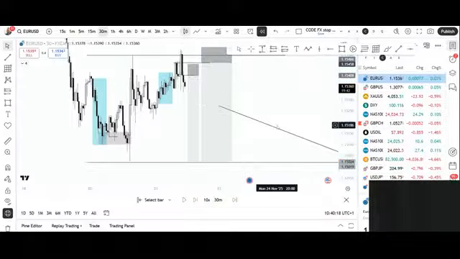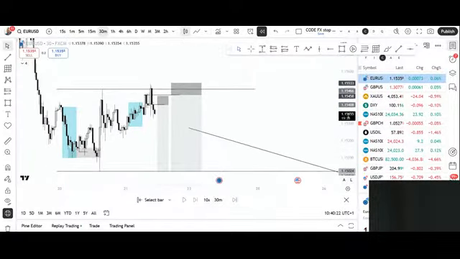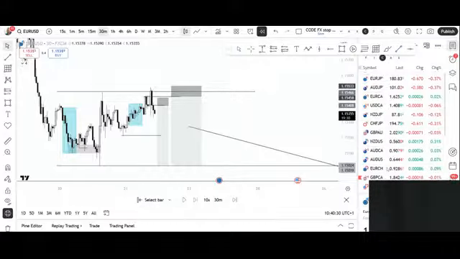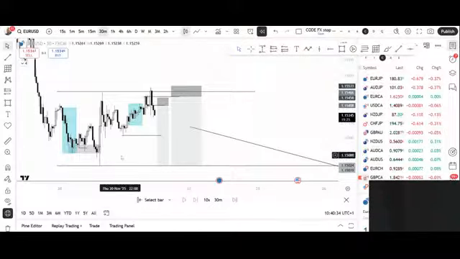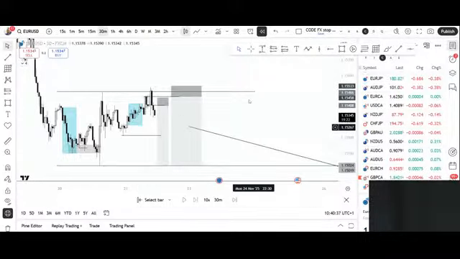So this is what I have on EURUSD. Of course, I should be looking out to take a form of TP at this point, and also be looking out to do some other things at that point. So that's basically what it is.